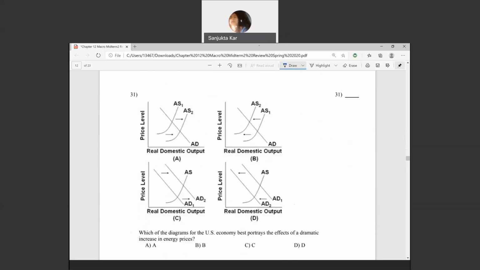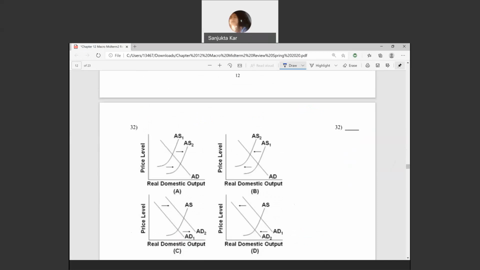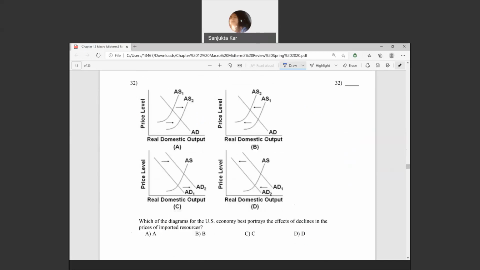All right, question number 31. Which of the diagrams for the US economy best portrays the effect of a dramatic increase in energy prices? This will be aggregate supply shifting to the left. So question 31 here, the answer choice is going to be B. Question number 32.